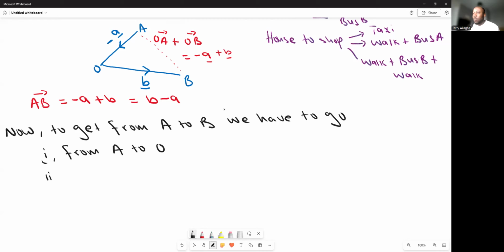Then we'll now go from what? Then O to B. Okay, so that's exactly the diagram I drew there. So you have A to O.